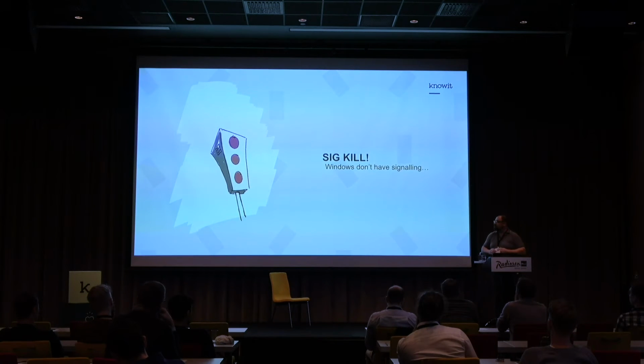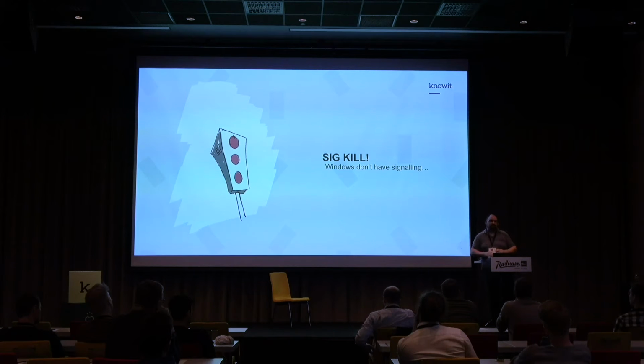And as said, we used signaling for trying to turn off the hardware server. So we started it as a detached process and just kept the process ID and said, kill this process ID when you're done. But Windows doesn't support signaling.